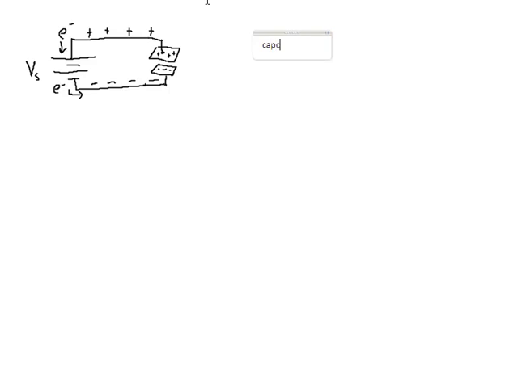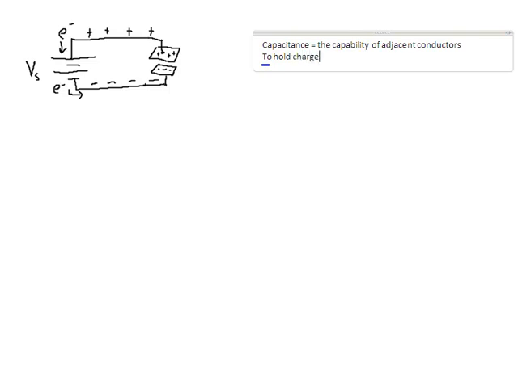Capacitance is the capability of adjacent conductors to hold a certain amount of charge for a given amount of voltage between them.